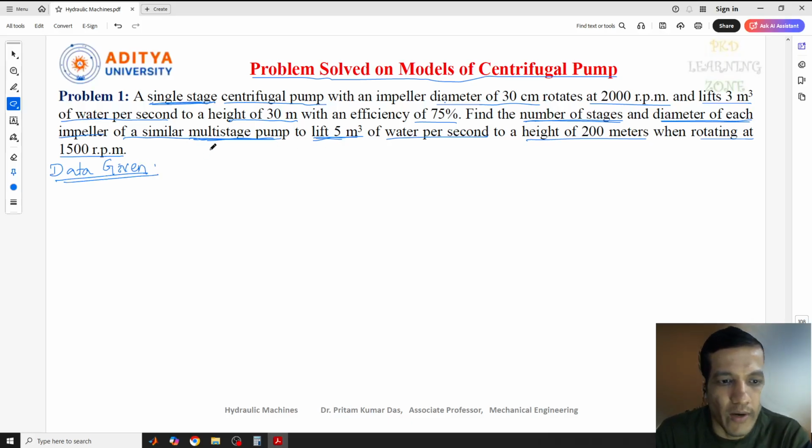Here, in the first one, let me write, this is the single stage centrifugal pump.